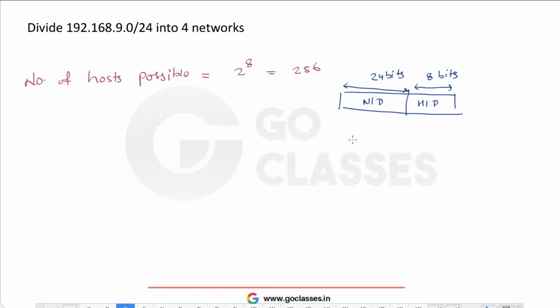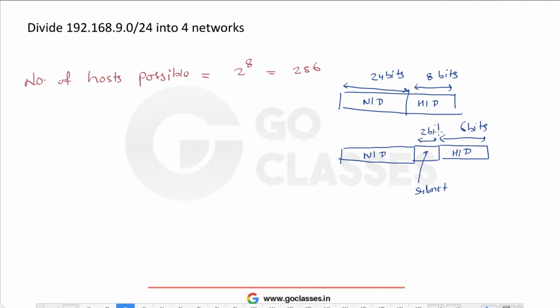So you will be taking 2 bits from the host ID, which means after division this will be your network ID, this will be your subnet number basically, and then the remaining 6 bits will be your host ID. These are 2 bits and these are 24 bits. That's how you will be dividing a network into 4 networks.